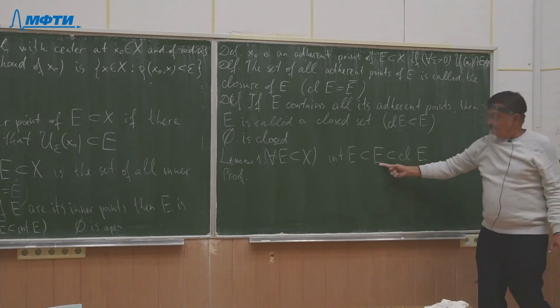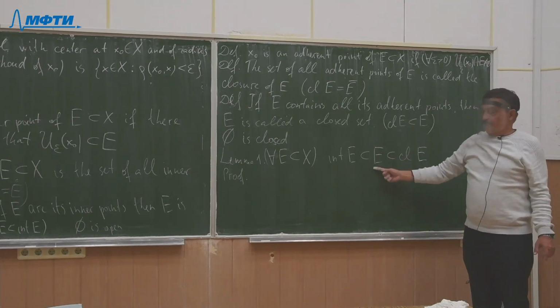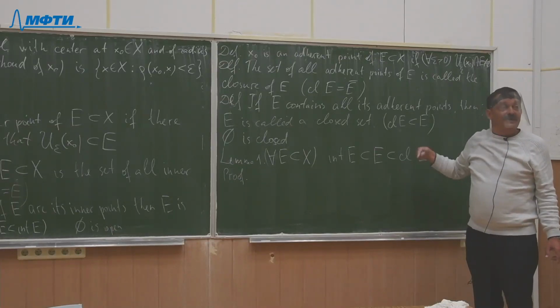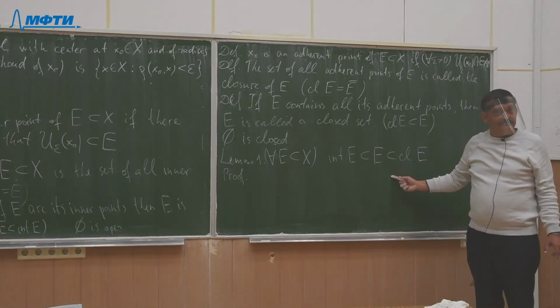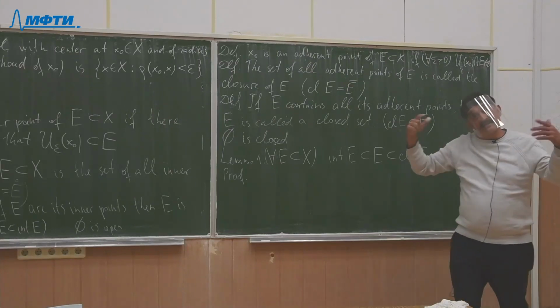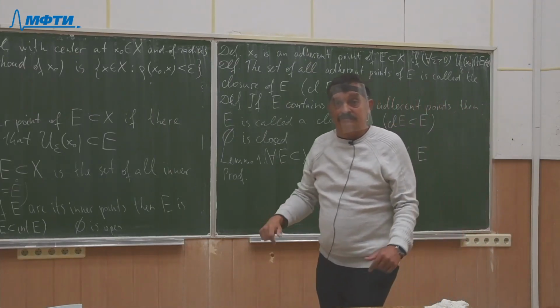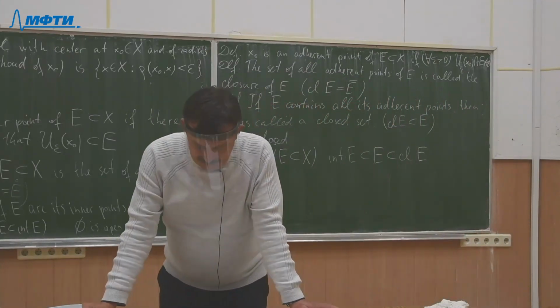It means any point of our set E is automatically an adherent point of this set. Maybe there are some other points.